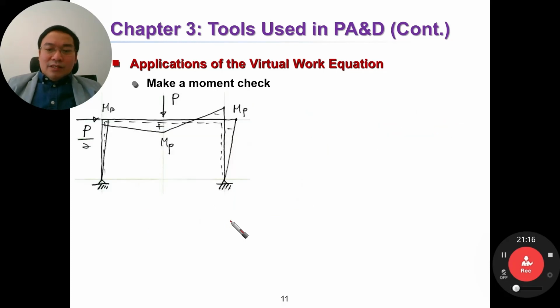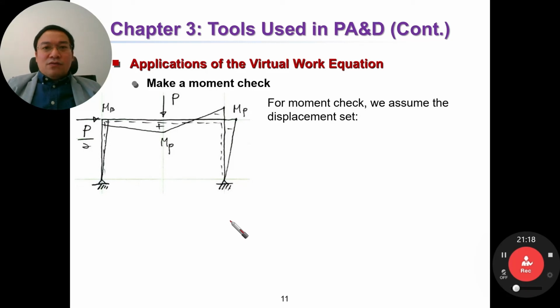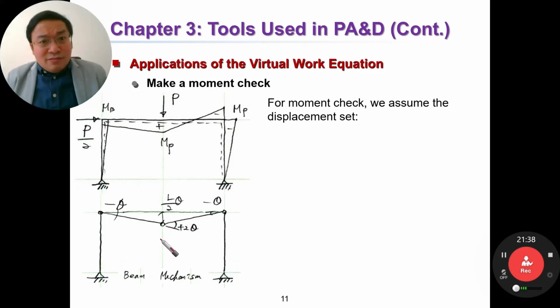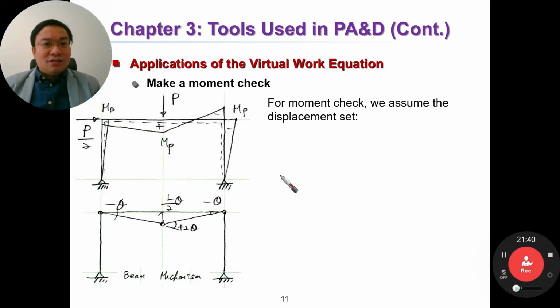Okay, so how to do the moment check? For the moment check, we assume a displacement set with a beam mechanism. So now we can assume a new mechanism. It is independent of the original mechanism. That is the very interesting point of virtual work in doing the moment check.